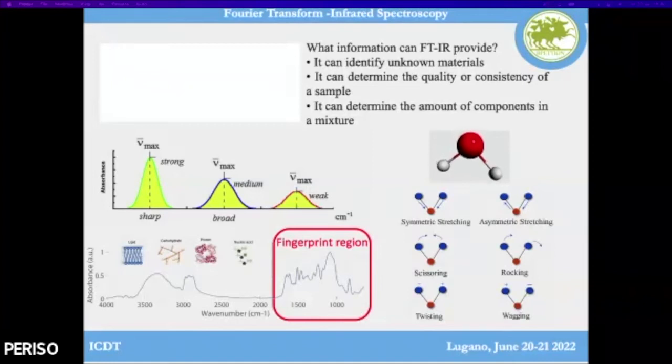In particular, we used ATR spectroscopy, a particular spectroscopy in which the sample is not crossed by radiation, but is just in brief touch with it, providing molecular profiling without a direct interaction.